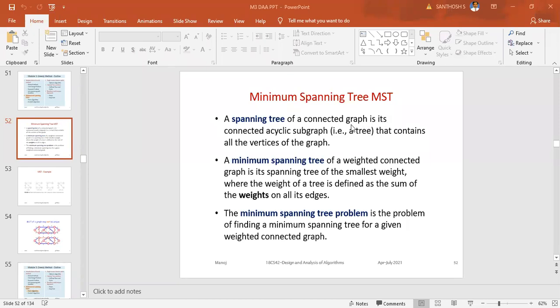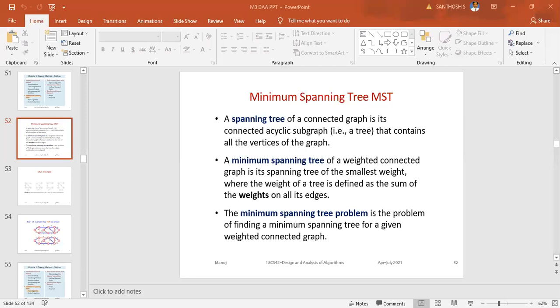It is a connected acyclic subgraph. That means it should be a connected graph without any cycle. Acyclic means it doesn't contain any cycle.